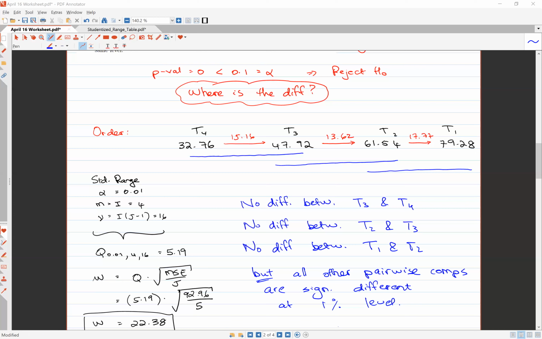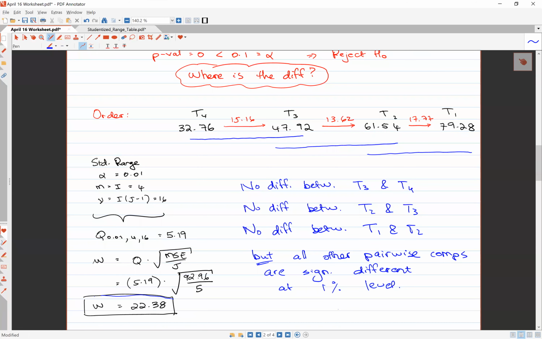You underline sequential mean values as long as their width from one another is less than the W. So I would start at, for example, treatment 4 and say, when I move from 4 to the next mean, which in this case is treatment 3, is the width less than 22.38? Yes. Is it still less than that going to treatment 2? Would I still connect? And the answer is no. There's no reason to keep that line going.